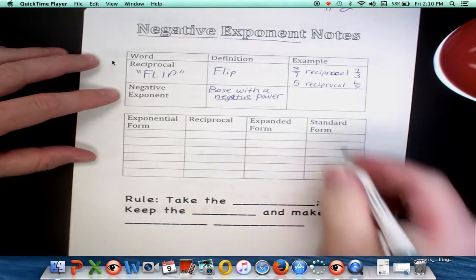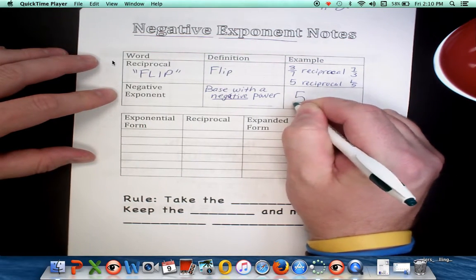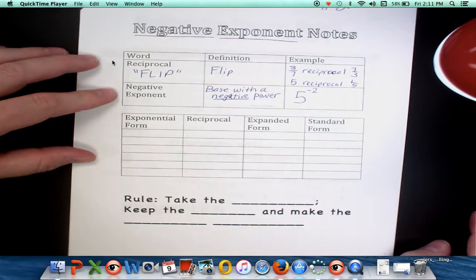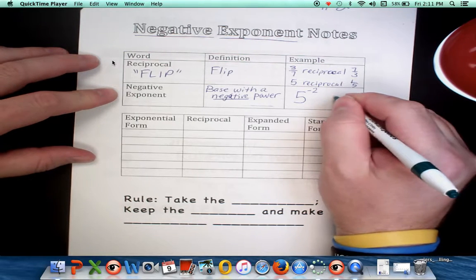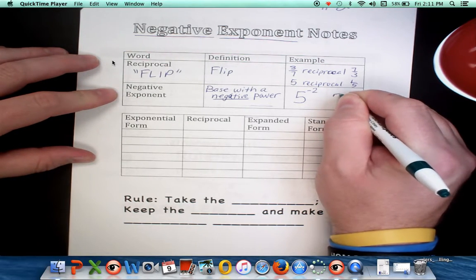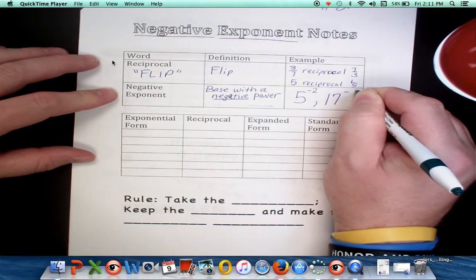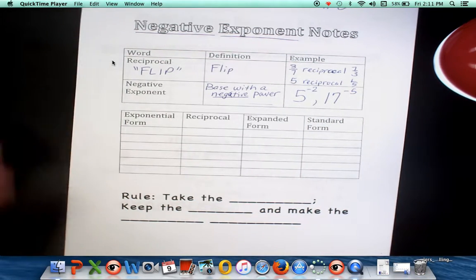So an example of those would be my base is 5 and I have a negative 2. Or I've got a base of 17 and I've got an exponent of negative 5. Either one of those are some examples of a negative exponent.